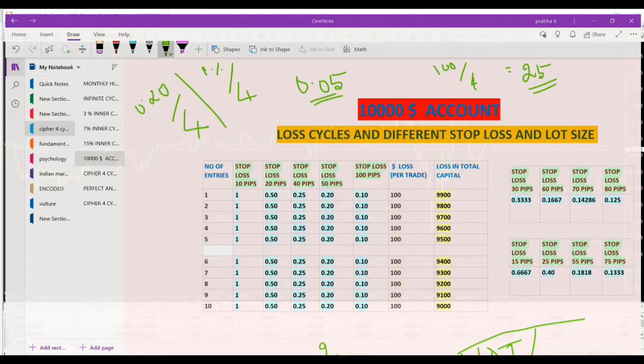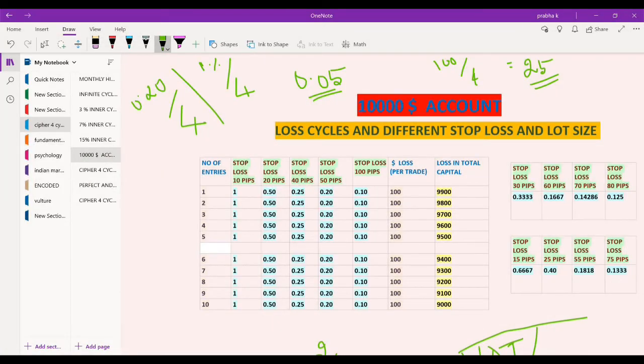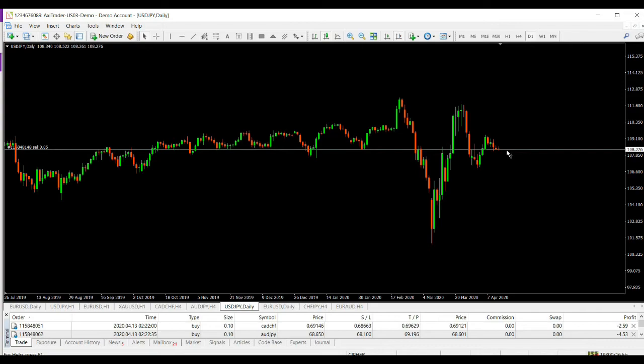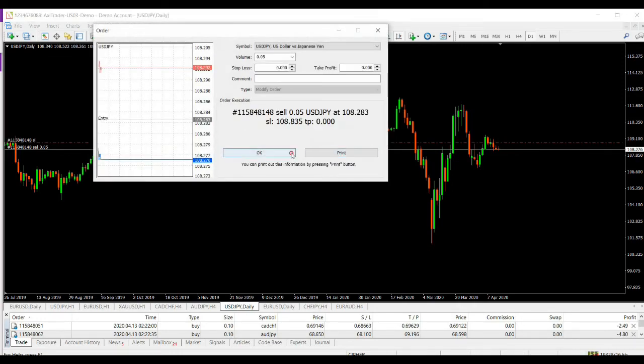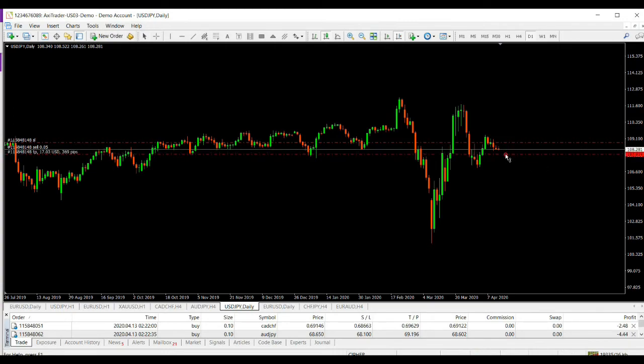So we are supposed to keep lot size how much? 0.05 in every one, and our stop loss should be how much? 50 pips. Our dollar how much? 25 only we are supposed to lose. $25 we are supposed to lose. Approximately 50 pips here, yes, 55 to 50 pips. Good. $25.